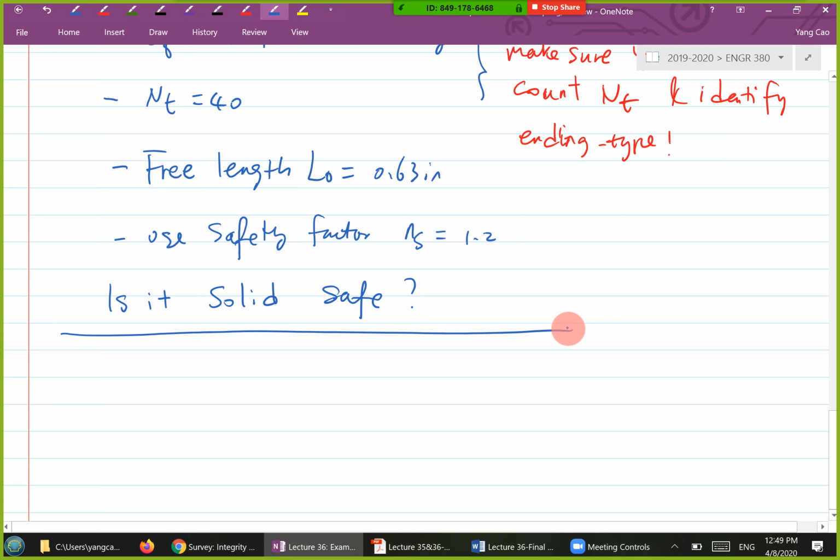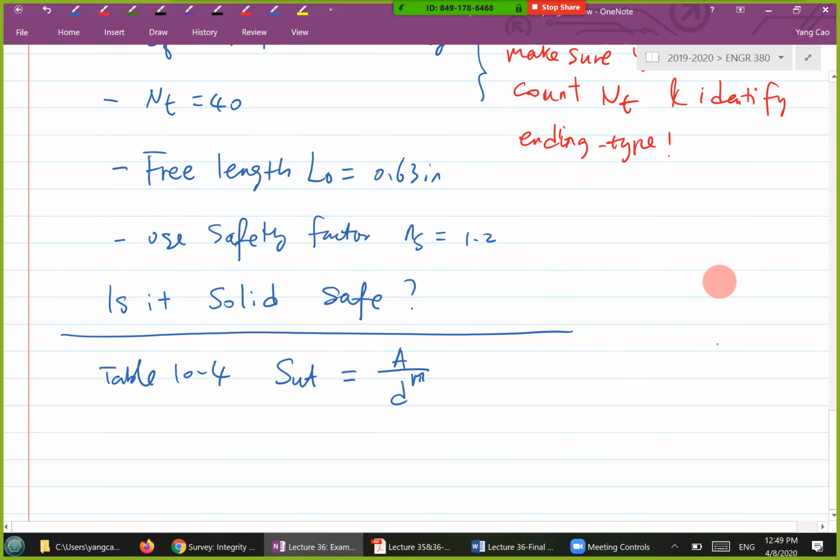Okay, first step. This doesn't have to be the first step, but I'm going to first find the SUT. It's a music wire we're using.